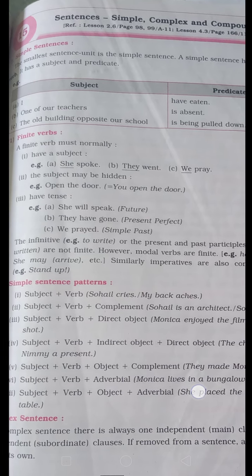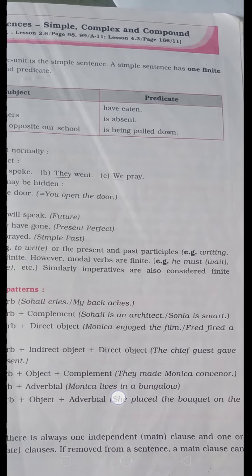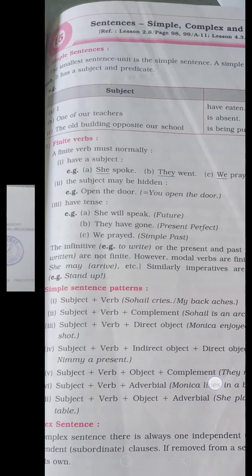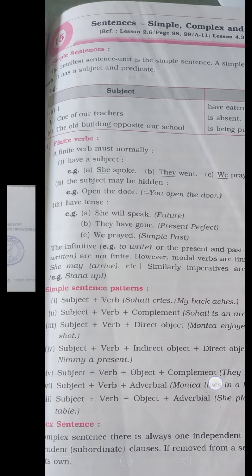"The chief guest gave Nimmi a present." The chief guest is the subject, gave is the finite verb, Nimmi is the indirect object, and a present is the direct object.